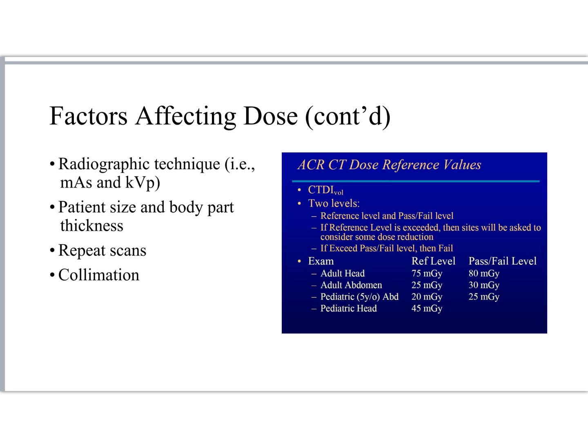And it is helpful to go back to this ACR material and think about ways to use these dose guides. Here's an example of a clinical scenario where they're reporting dose. They've established a reference level for an adult head. It's 75 milligray, right? And then they've got a pass-fail level here.